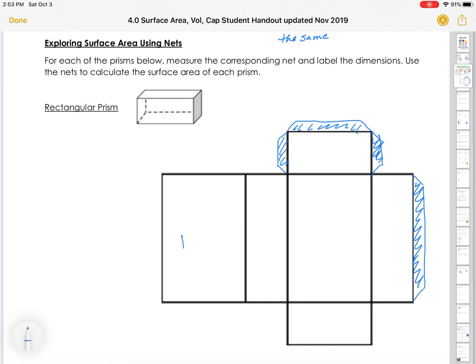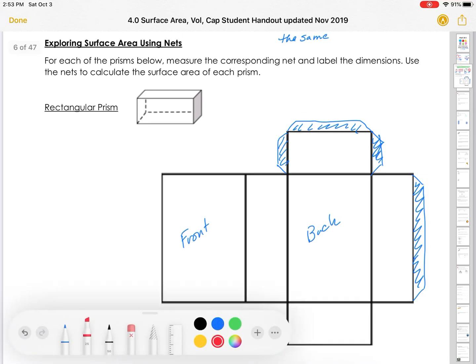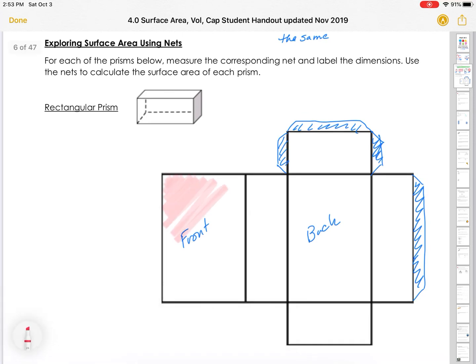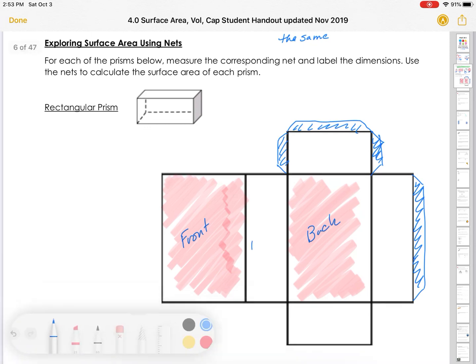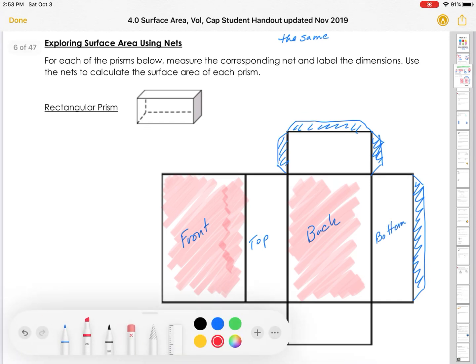So if we look at this, we have a front and the back, and they are the same size and shape, right? So they would be the same, right? Okay, we would have our top and our bottom, and they would be the same.